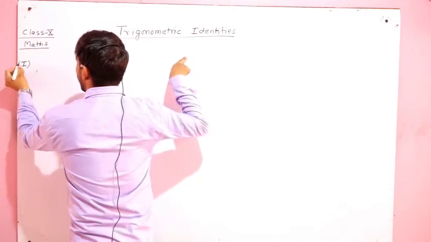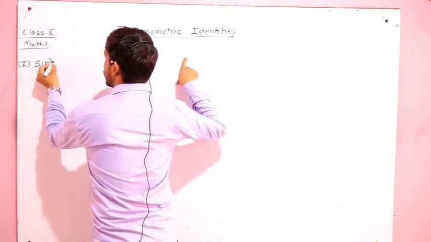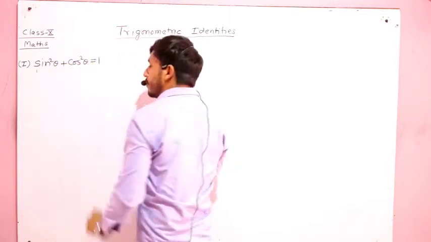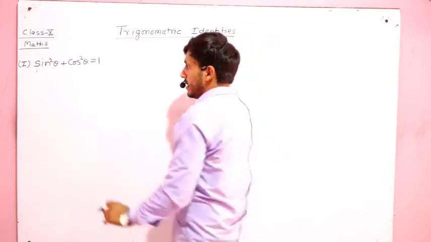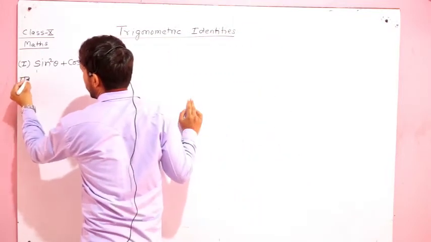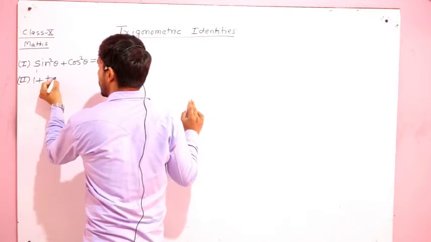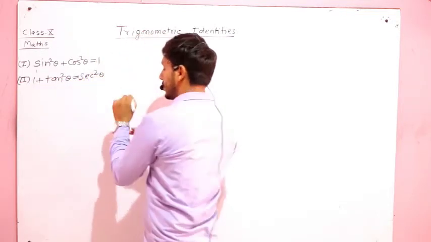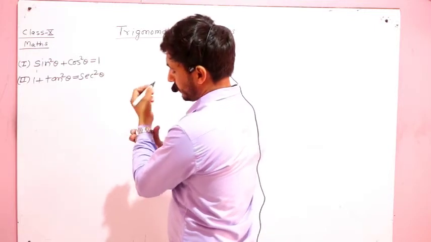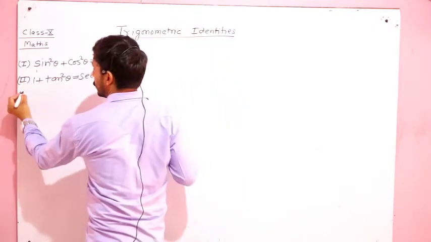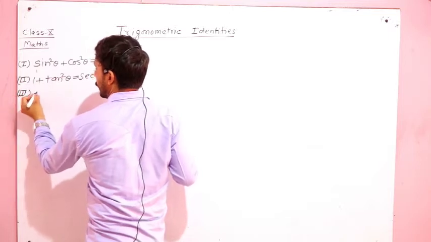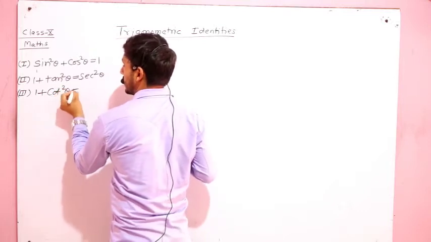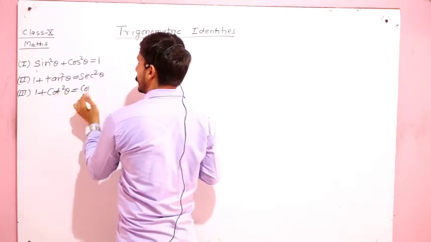The first one is sin square theta plus cos square theta equals 1. The second identity is 1 plus tan square theta equals sec square theta, and the third trigonometric identity is 1 plus cot square theta equals cosec square theta.